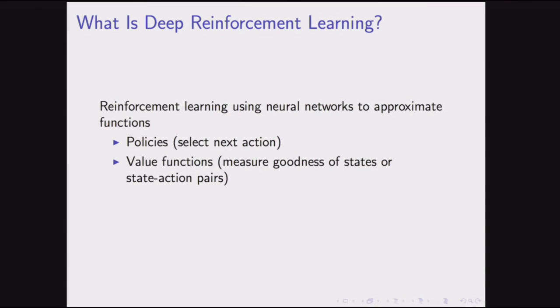So one choice is to use the neural network to approximate your policy, which is how the agent chooses its actions. Another choice is to approximate the value functions, which measure how good or bad different states or actions are. And last, you can try to learn a model of the system, a dynamics model, which will make predictions about next states and rewards.